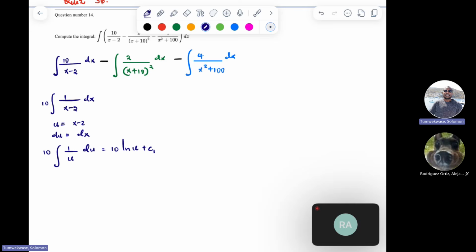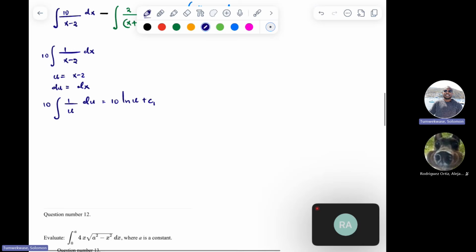Now, this is the same as 10 natural log of u, but u is the same as x minus 2, plus some constant of integration.